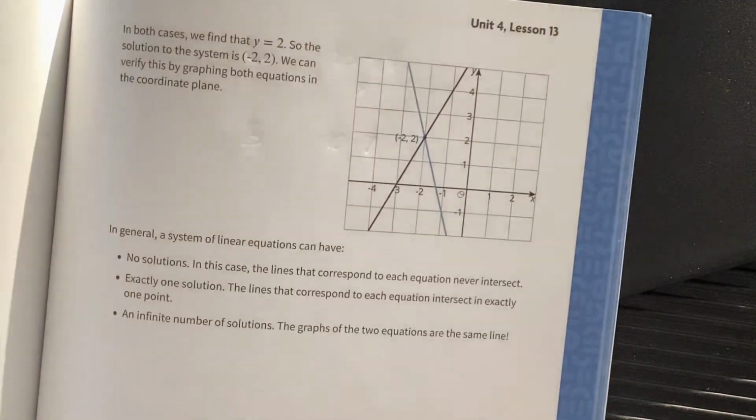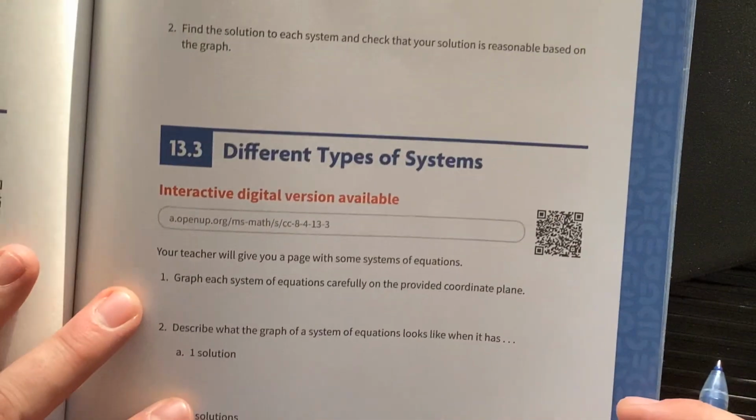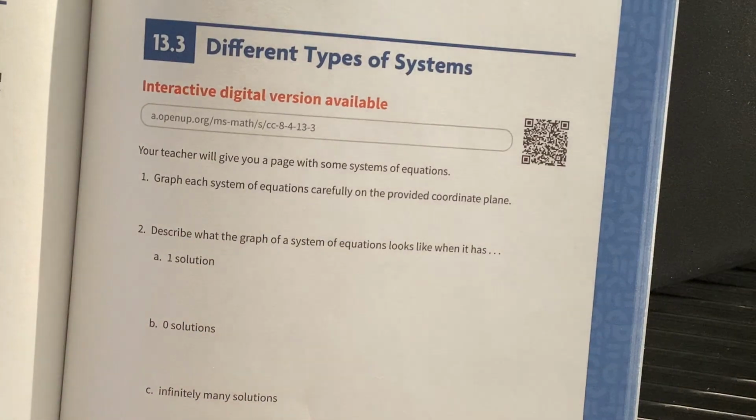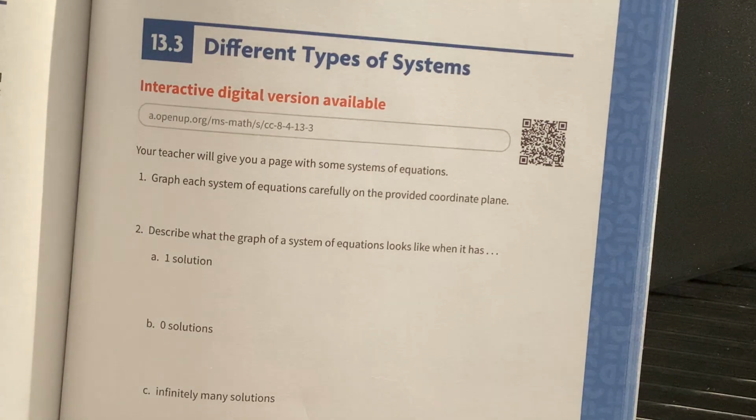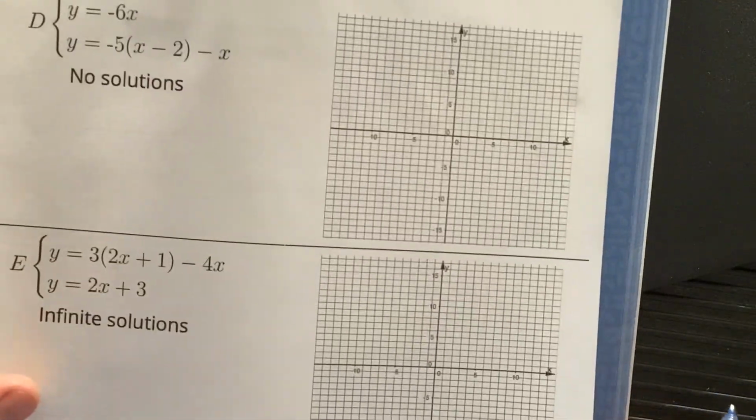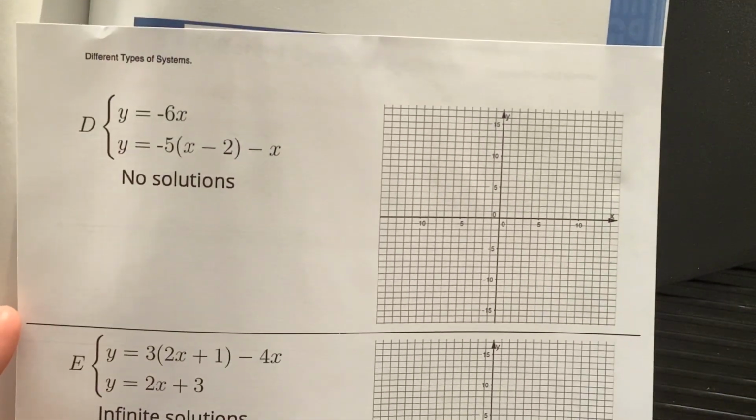All right, so the next one, I'm going to give you a sheet of paper, and you can work with a partner on this. It's got 5 graphs on it. And I want you to graph it the best you can.